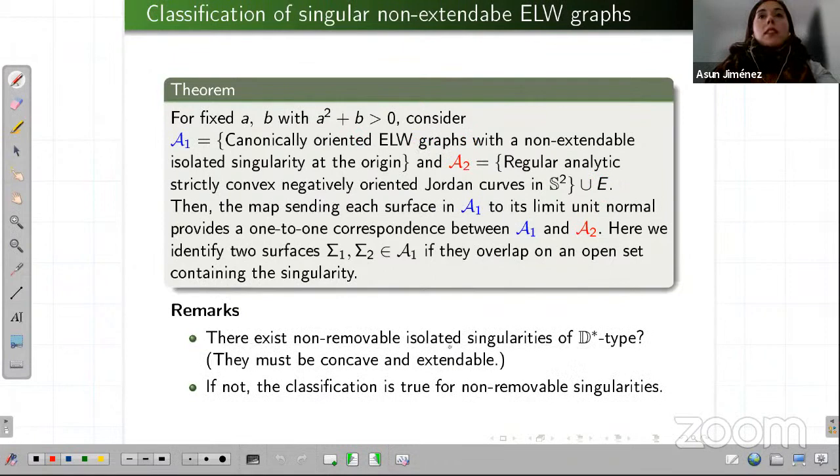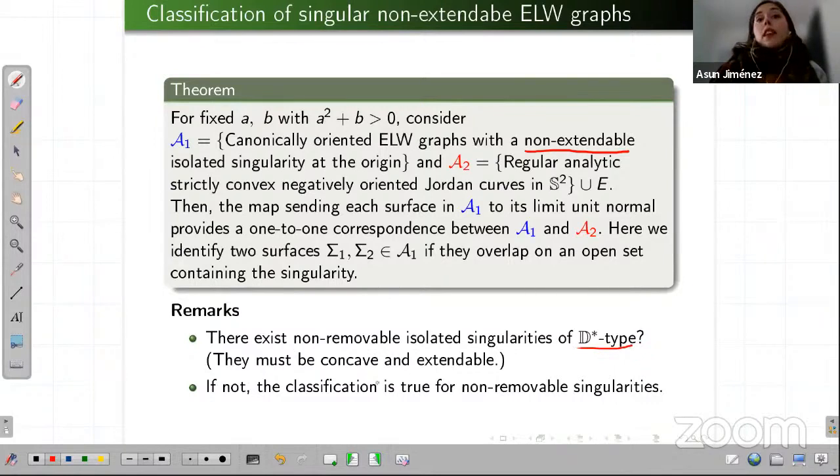And some other remarks to finish. I think I'm almost done. I have written here non-extendable since, at the beginning, if you remember, in the case when A is positive, that is in the concave case, we cannot prove that the singularity is removable if the structure is that of a punctured disk, because we don't know if there exists a non-removable isolated singularity of this conformal type.